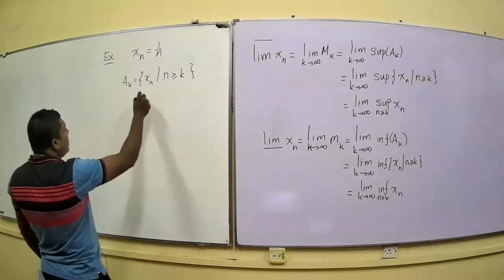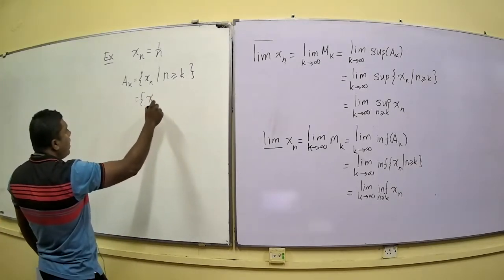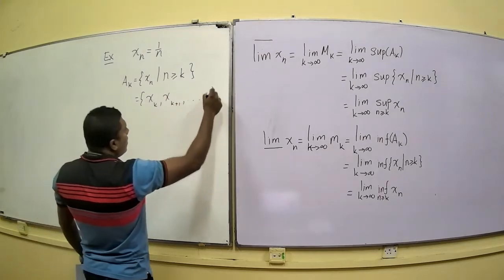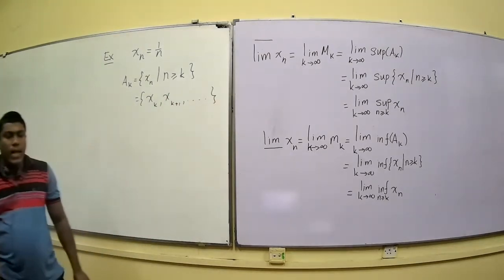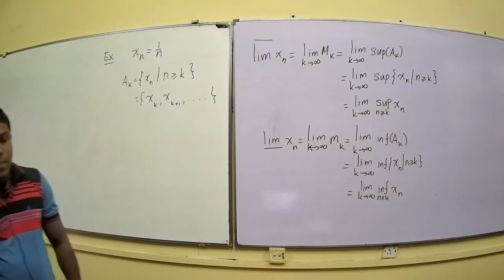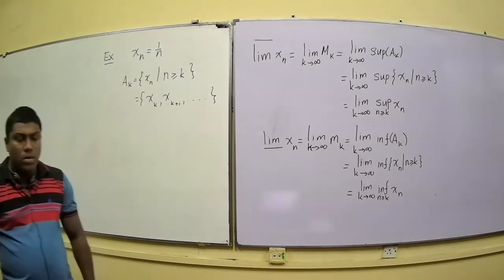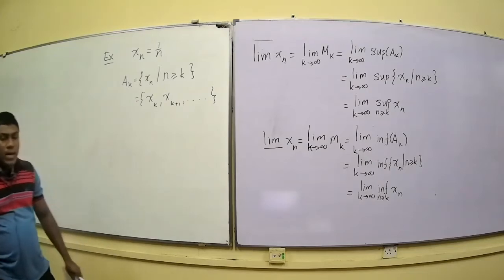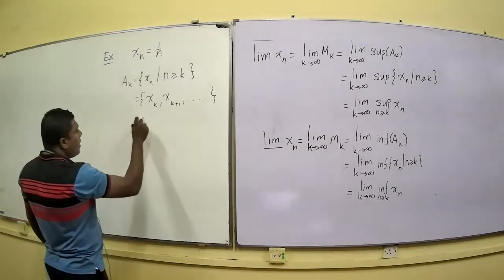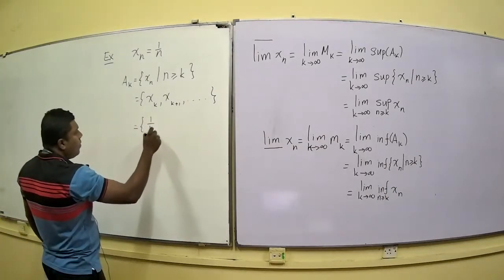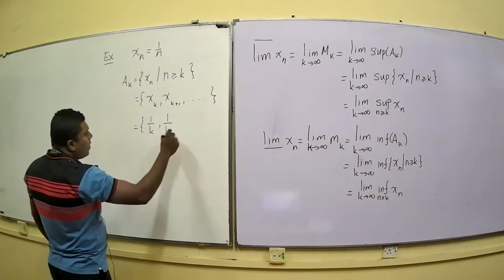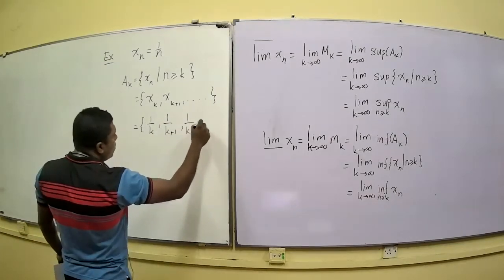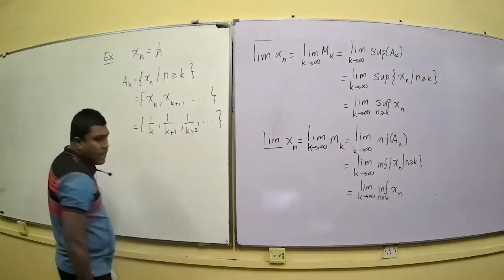In other words, you can say xk and the terms following that. Because you know the form of xn, you can write 1 upon k, the next one is 1 upon k plus 1, then 1 upon k plus 2, and so on.